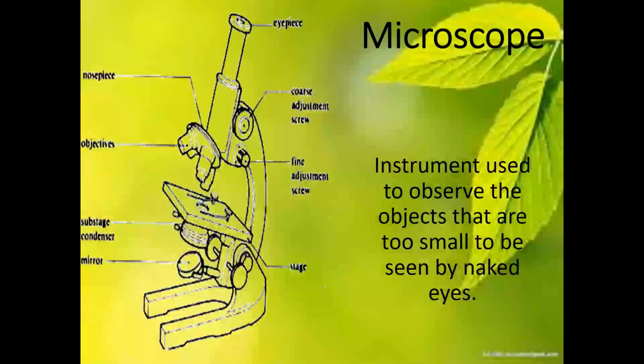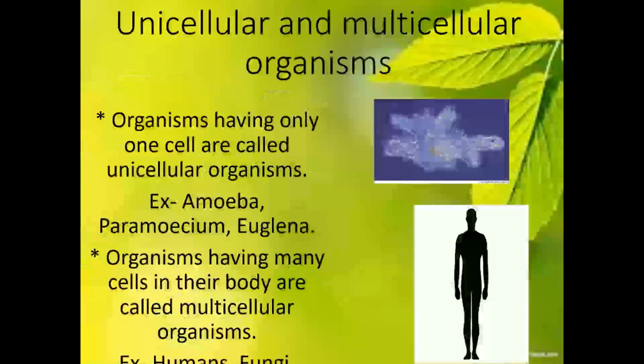Microscopes are of different types now. We have technically improved a lot. We have different kinds of microscopes. Light microscopes are there, electron microscopes are there, simple microscopes are there. So we have different types of microscopes which are used to observe minute objects which cannot be seen by naked eyes.